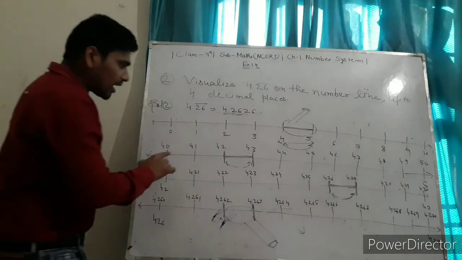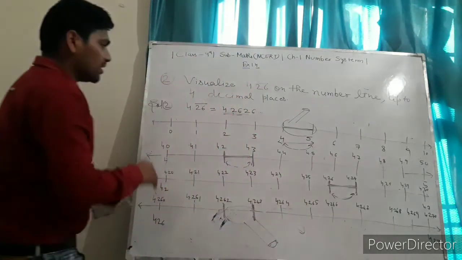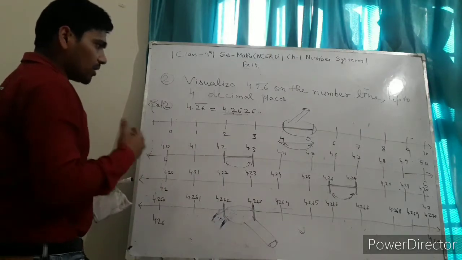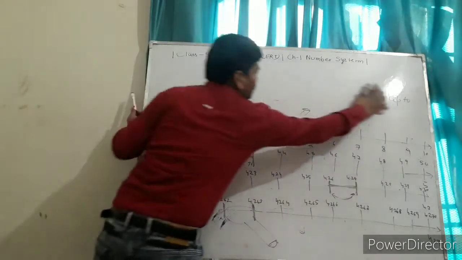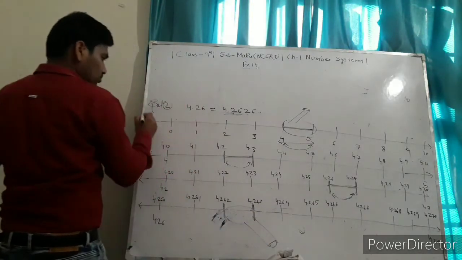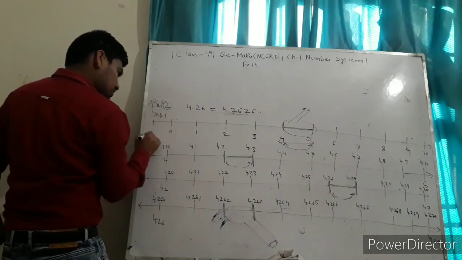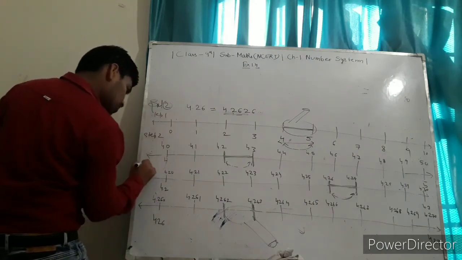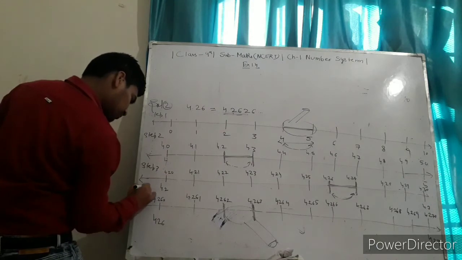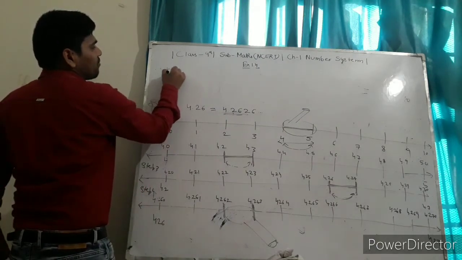So what do I have to do again? I am visualizing again. I write step 1, step 2, step 3, step 4, and step 5.